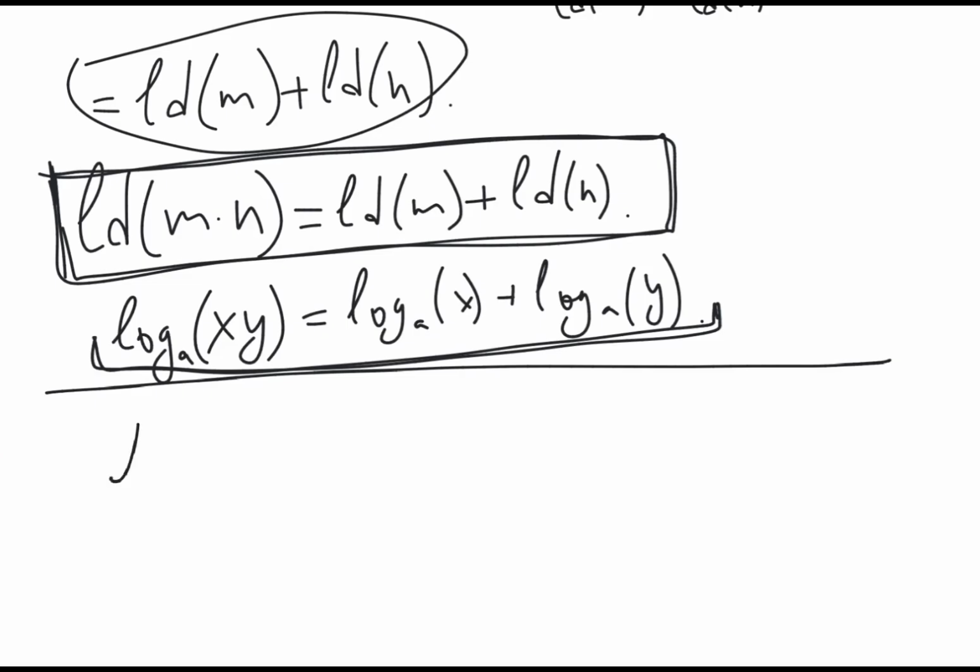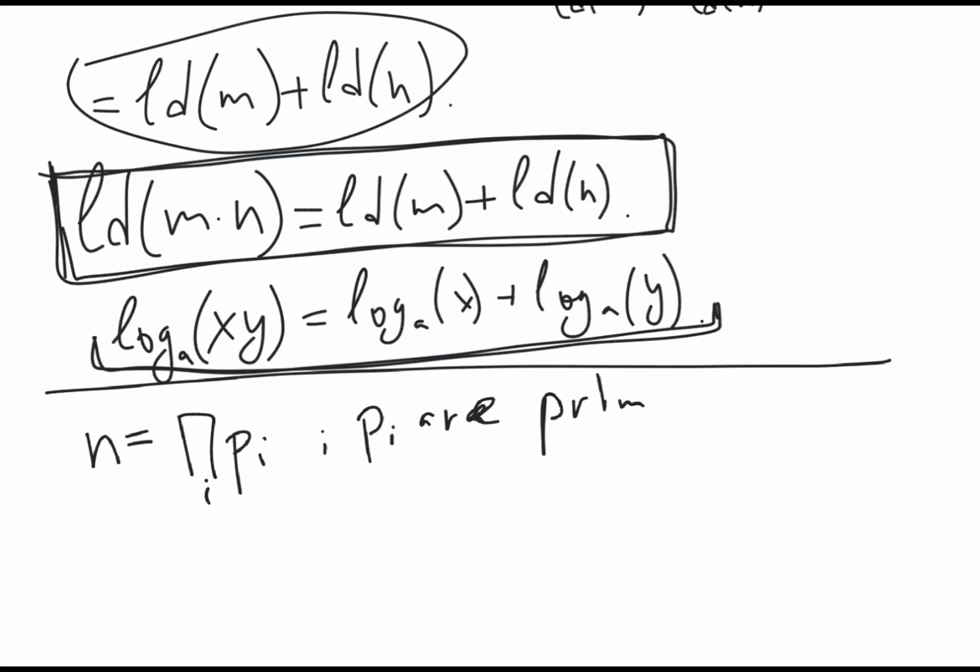So for the full derivative, in one of the previous videos I proved that if the number n is expressed as the product of prime numbers, so if it is the product of pi, where pi are prime, all of them are prime, and there could be repetitions here, so some of the prime numbers might occur more than once in this product.